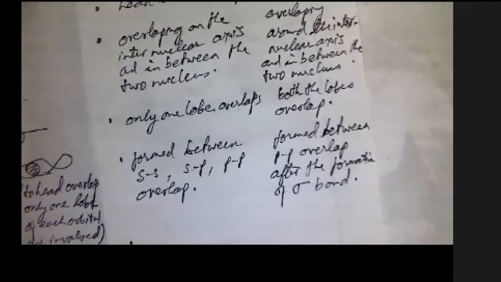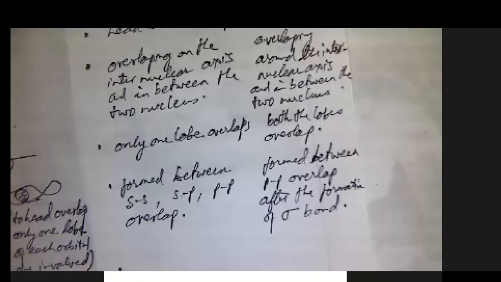Out of these two, which will be stronger? Sigma or pi, which will be stronger? I've told you the strength of the bond depends upon overlapping. So which one overlaps more will form a stronger bond.